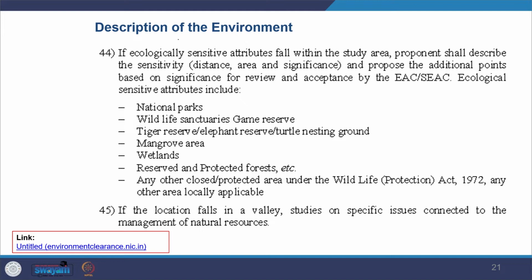The nation might already have identified a list of national parks, wildlife sanctuaries, tiger reserves, elephant reserves, turtle nesting grounds, mangroves, wetlands, reserved and protected forests, and wildlife protected areas. All these lists you can see, and they can help you identify those areas.